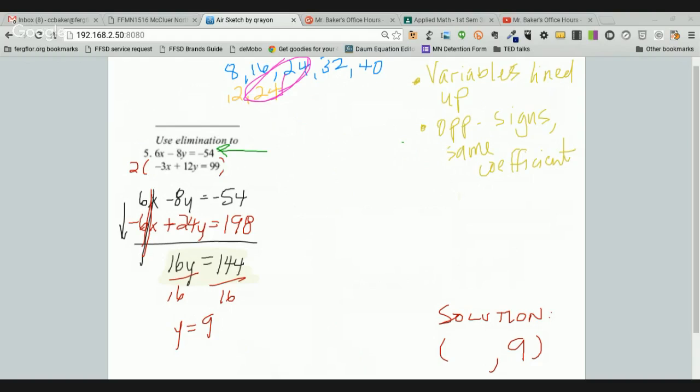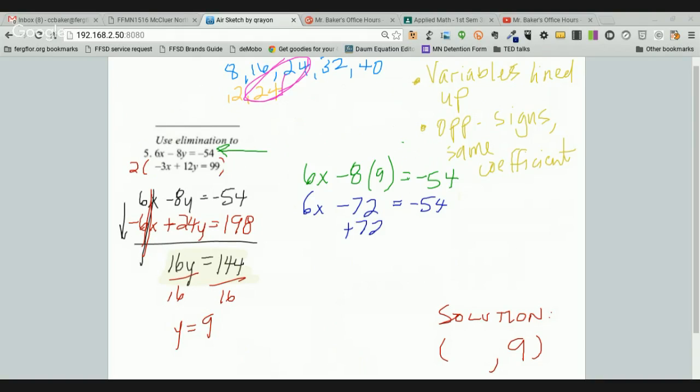So plugging in the y, 6x minus 8 times 9 equals negative 54. Now we're solving for x. 6x minus 72 equals negative 54.